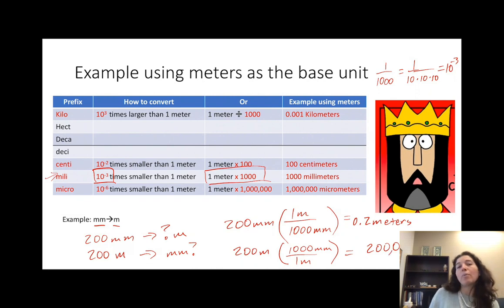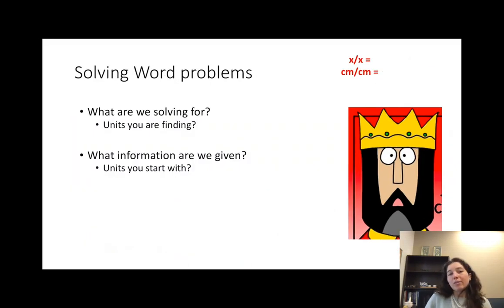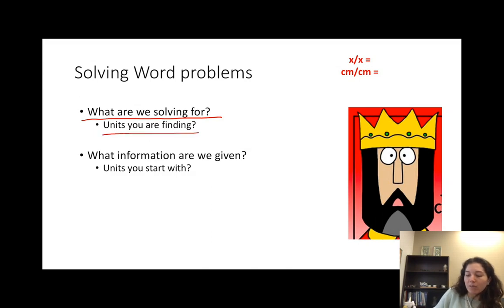Now I'm going to show you a way to remember how to do what I'm doing right here. So don't freak out yet. We're going to break this down to make it easier for you. So whenever you're solving word problems, some good questions to ask yourself when you might feel overwhelmed is, what are you solving for? What units are you finding? So that's going to be what your problem equals. So in this case, where we were going from 200 millimeters to meters, what we were solving for was meters.